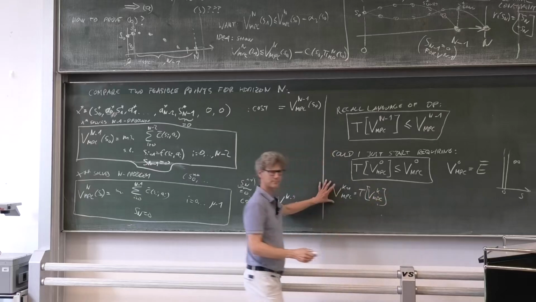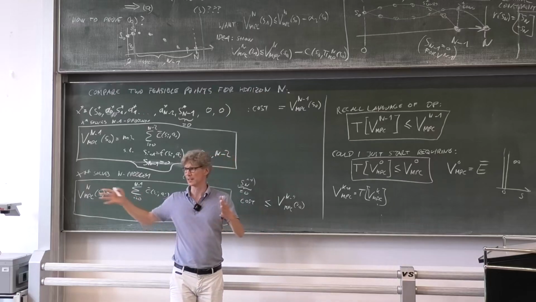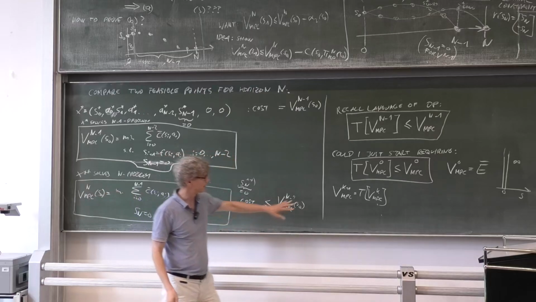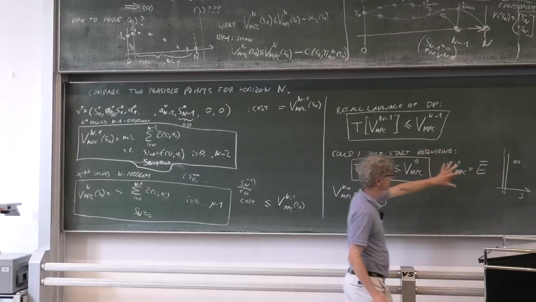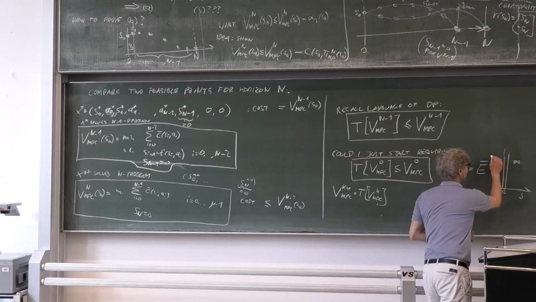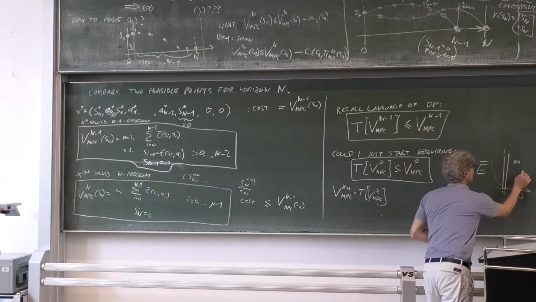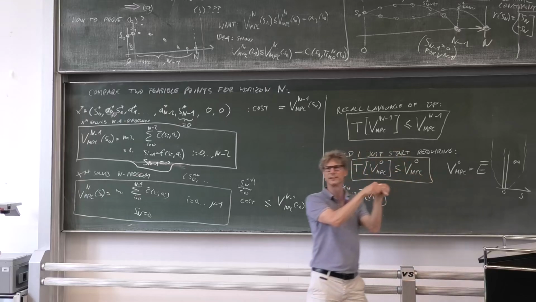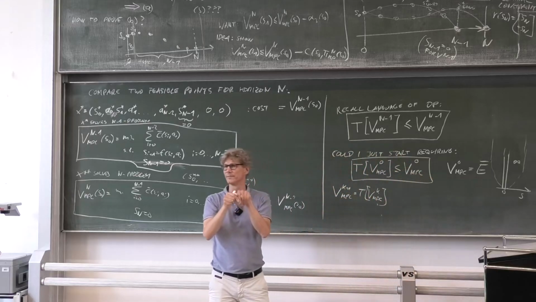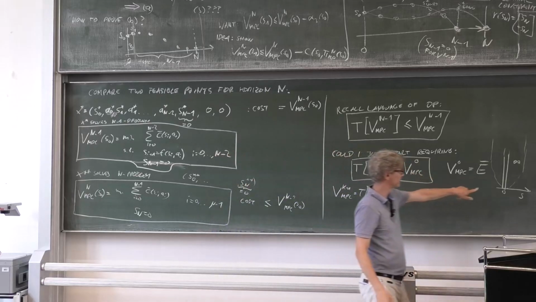Prolonging the horizon just means I have more dynamic programming. So after one time step, I have some states from which I can reach 0, and these states have non-infinity cost. And at 0, I will still have 0 cost.